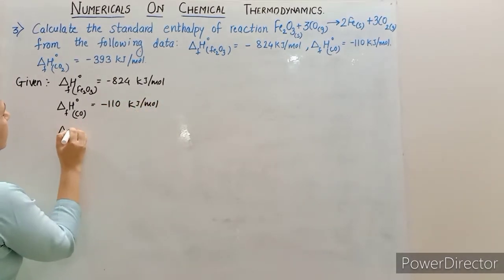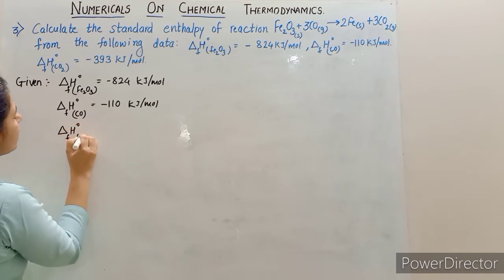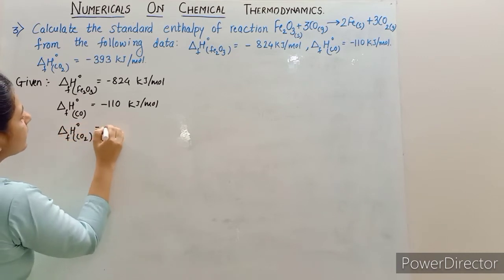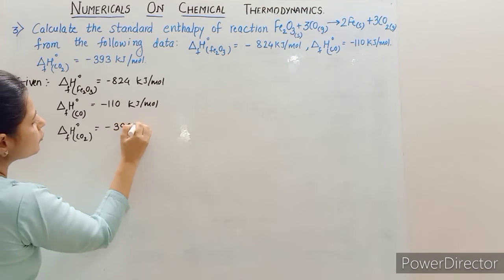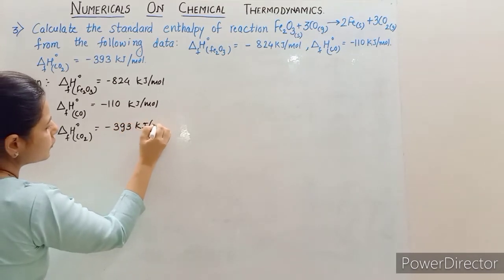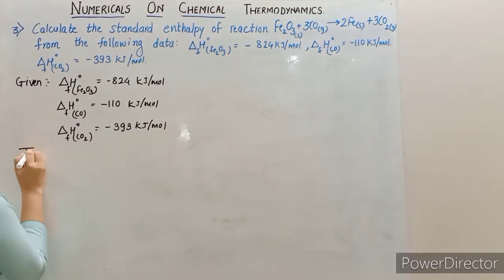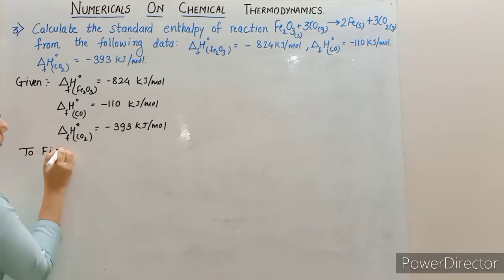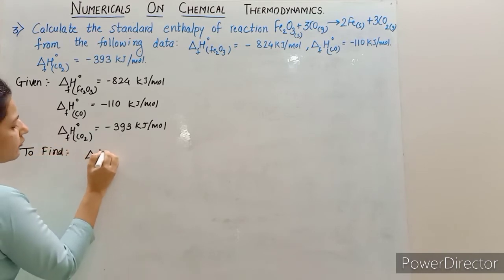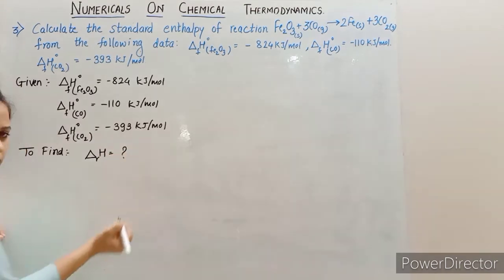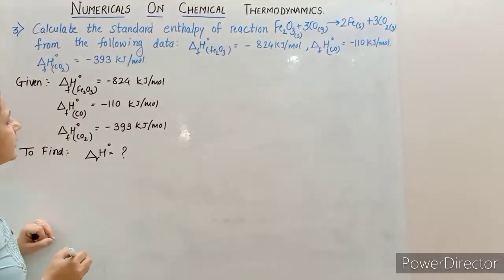And third, the heat of formation for CO2 is -393 kilojoules per mole. This is given to you. And what has been asked? We have been asked to find the standard enthalpy for the reaction.